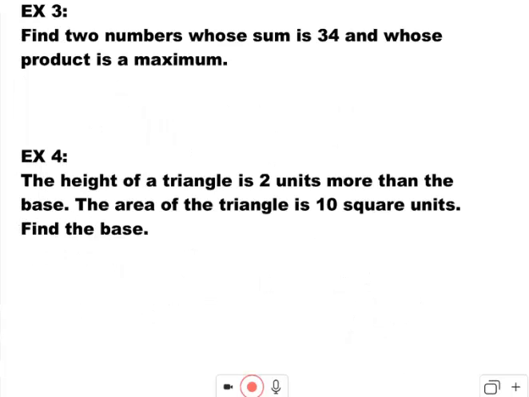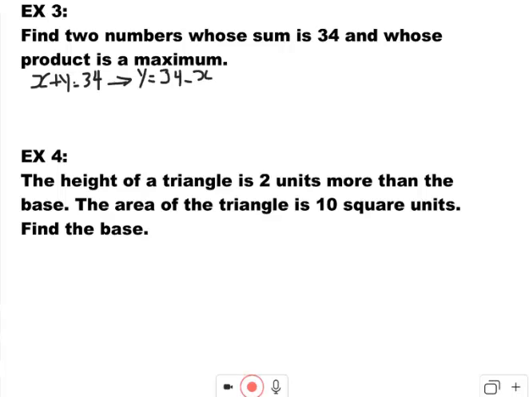The next example is a word problem. It says find two numbers whose sum is 34 and whose product is maximal. Let's call those two numbers x and y. Then we know that the sum is 34, so x plus y is 34. So from here we get that y is equal to 34 minus x.